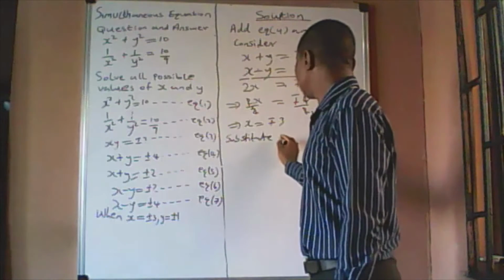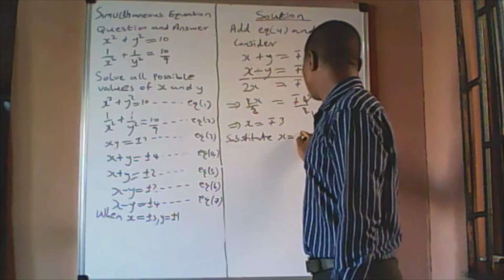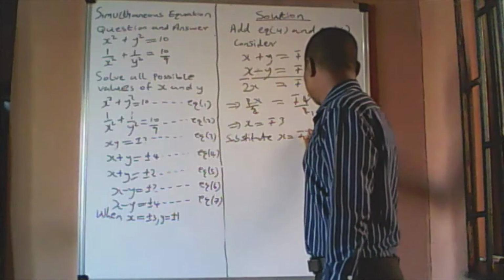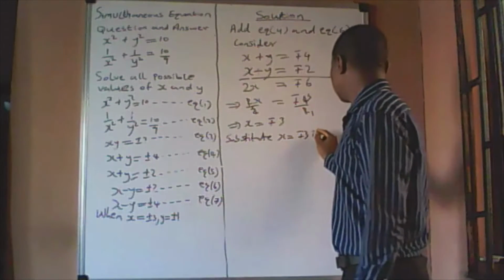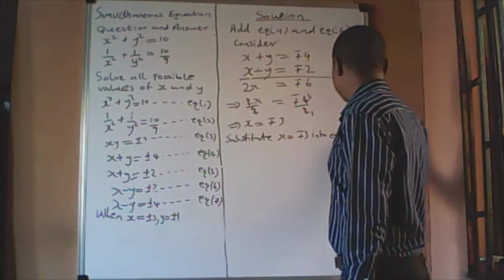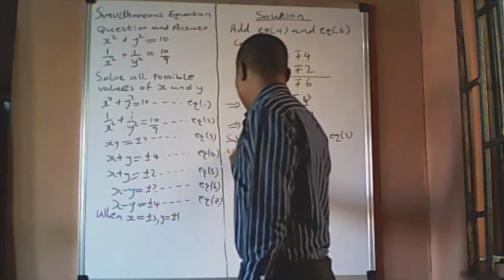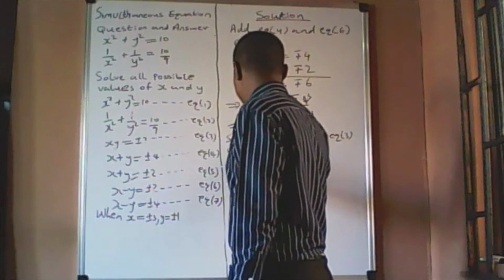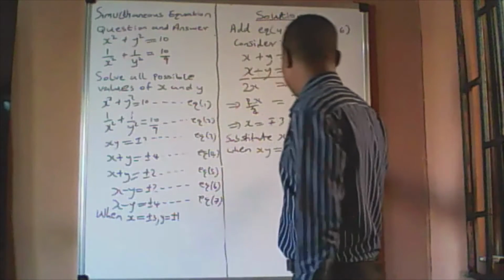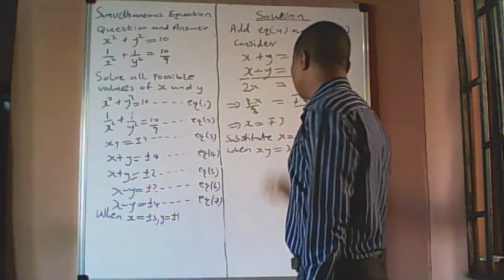Substitute x equal to minus or plus 3 into equation 3 when x times y is equal to 3.